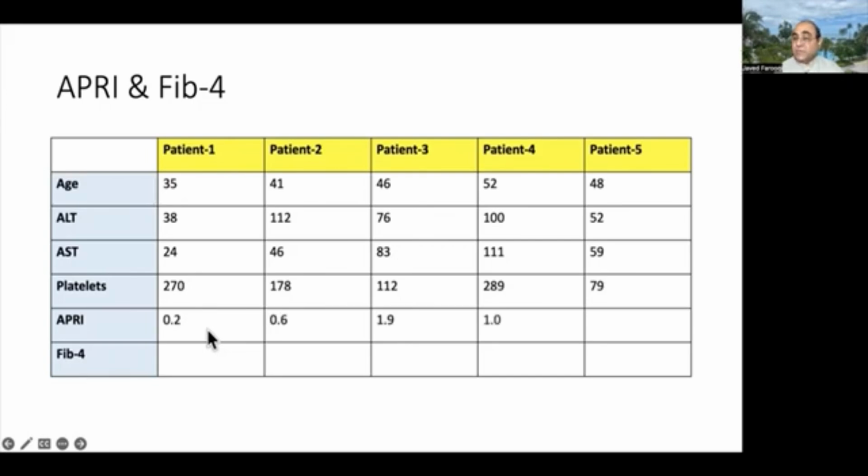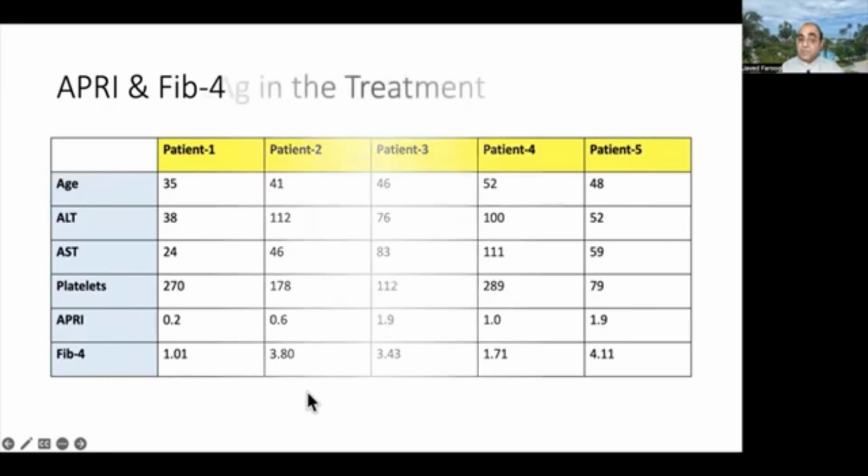And of course, when you do the FIB-4, again, it also depends upon the different levels of these patients. When you put these values into your APRI and FIB-4 calculators, it will give you the results. You can take a screenshot, and when you feed in this data, it tells you the APRI of this patient and the FIB-4 of this patient.